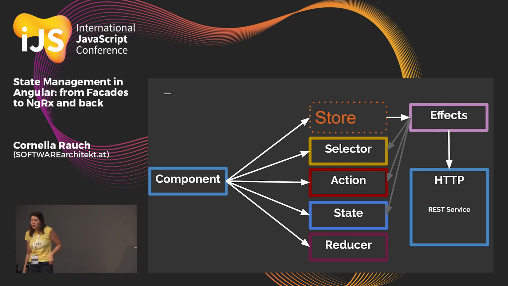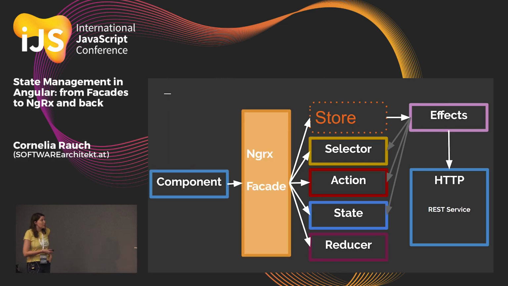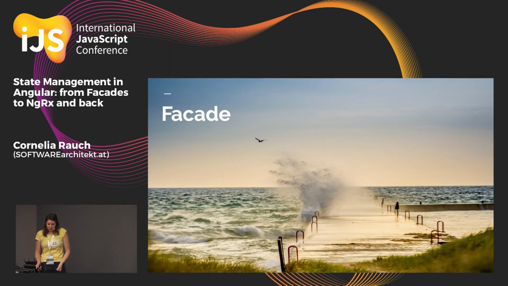So what some really smart person thought about is abstracting this with something called an NgRx facade to make the component more dumb again and not be able to know about all of these kinds of states.